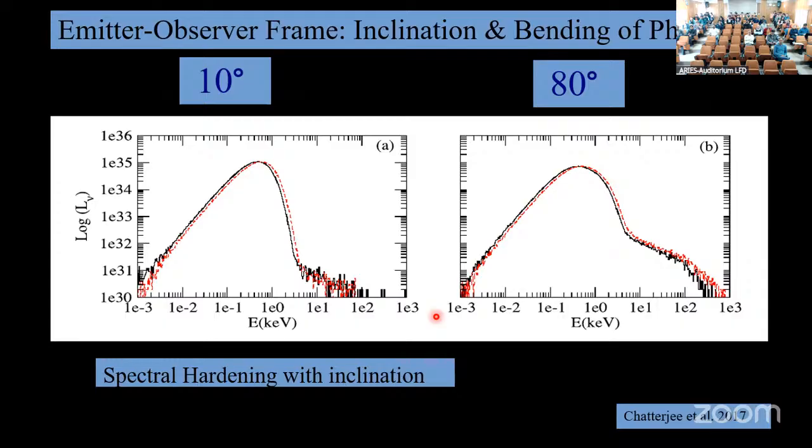At 10 degrees it is a little sharper, at 80 degrees it is a little flatter. So by comparing these two, you can see that the disk temperature is flattened. Just what you have seen observationally, the spread of disk temperature for high inclination objects is much more compared to the low inclination objects.